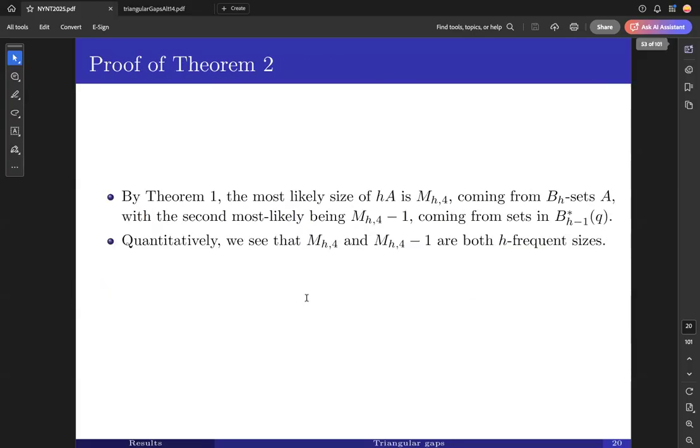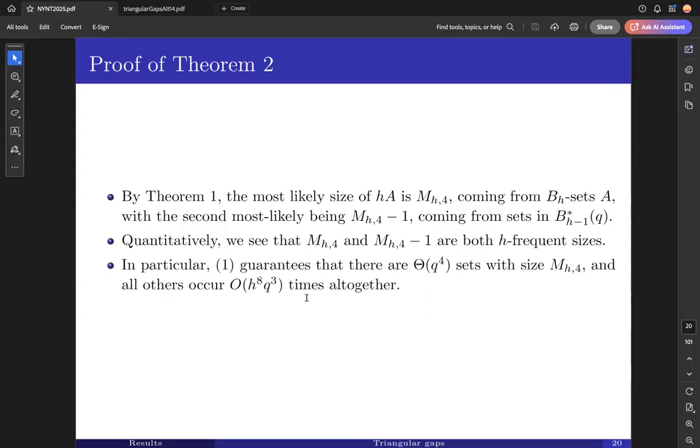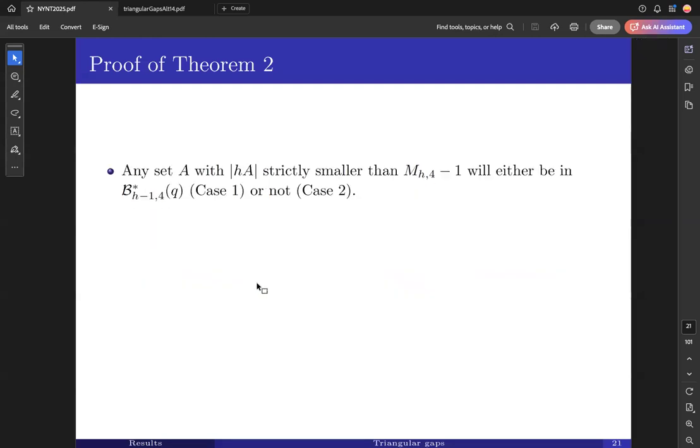If I catch back up to where we are, I probably should have just copied this equation down here. So in particular, lemma 1 guarantees that there are q to the 4th sets of maximum size, and all others occur fewer than q cubed times altogether. And this is with h to the 8th instead of h to the 7th because I'm counting it very grossly.